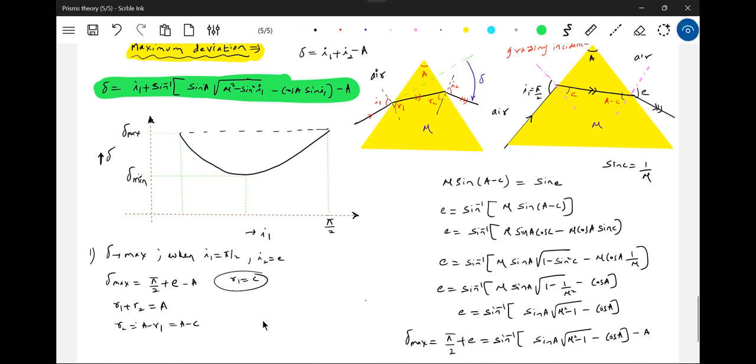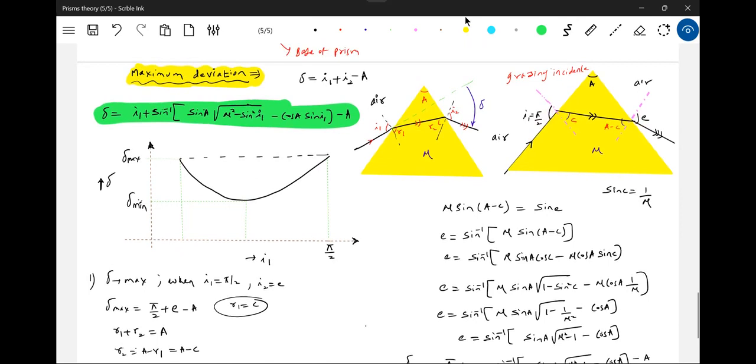Now definitely you can ask, sir, what about this angle? Now when the angle of incidence is almost 90 degrees, the deviation will be maximum. So, sir, can you show that maximum deviation? You are supposed to show that. Okay, we'll do one thing. I'll extend this line. This is the deviation, maximum deviation.